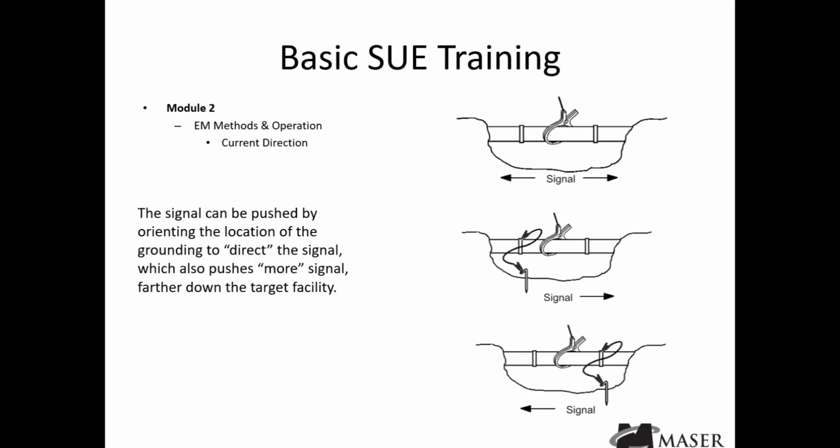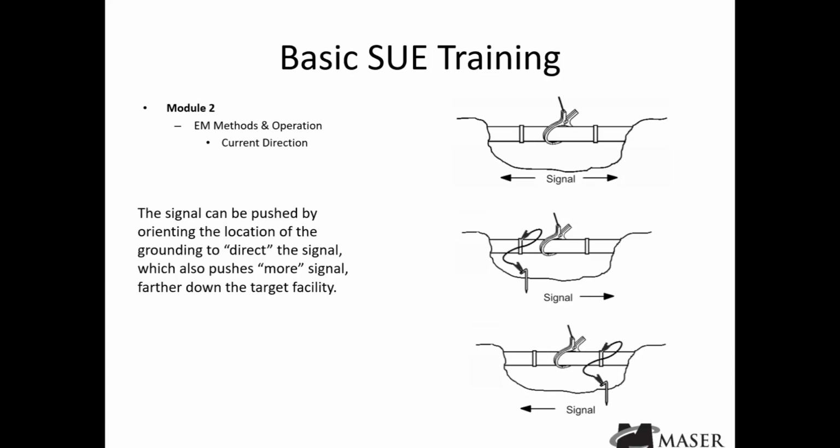We can force the signal to move in a direction by using an alternate grounding mechanism. So in this case, if we wanted to force the transmitter to push all of the available signal to the right, we would put our clamp and then we would add a ground wire directly behind the clamp in the direction that we don't want the signal to go, and we would ground that out.